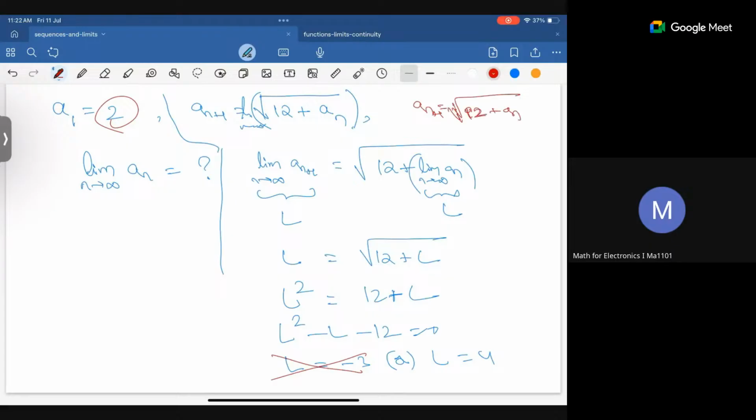So once you see square root, none of your terms are negative. So all your terms are positive, so going to minus 3 is not possible. In that way also L equal to minus 3 is not possible. So L is equal to 4. So this is how we compute the limit of a sequence defined through recursive relations using the monotone convergence theorem.